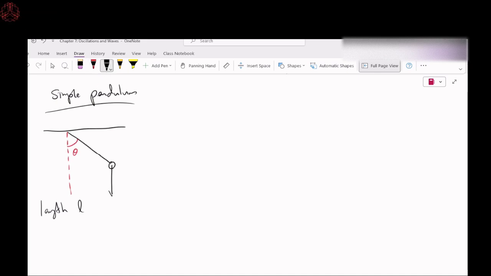I have weight moving down, right? And then I have some displacement.